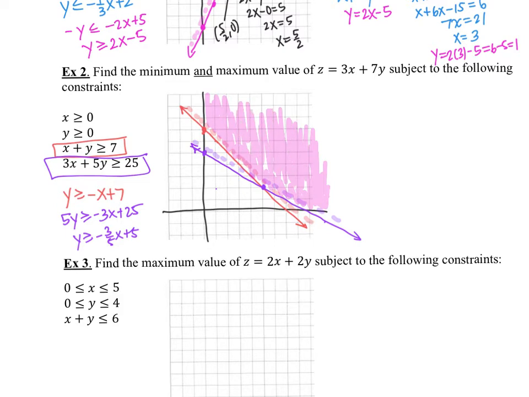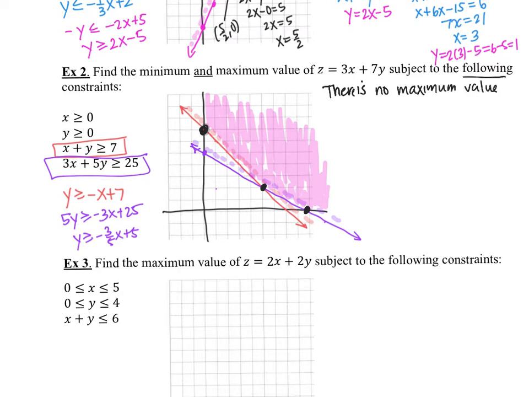Okay, when I consider the vertices of my solution region, there's a vertex here. There's one here, and there's also one here. And because this goes to infinity, there's no maximum value.